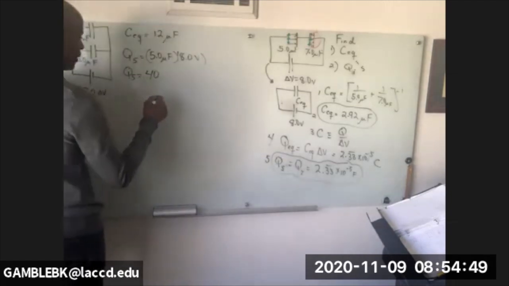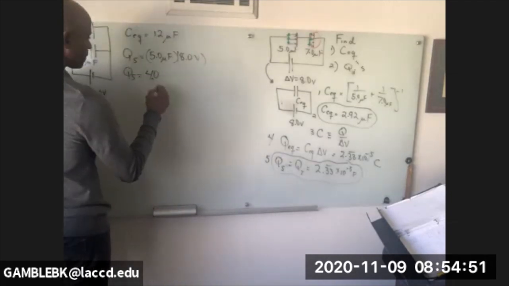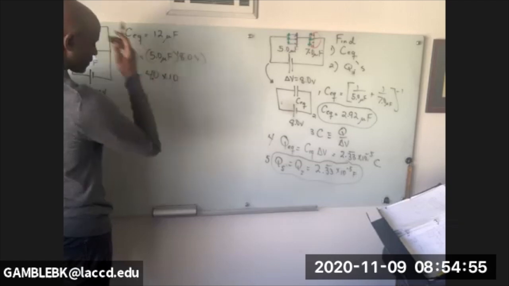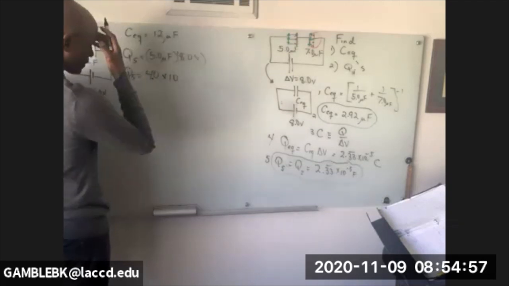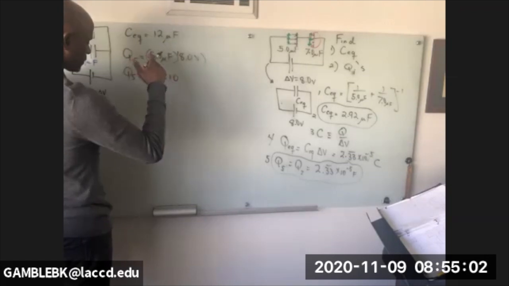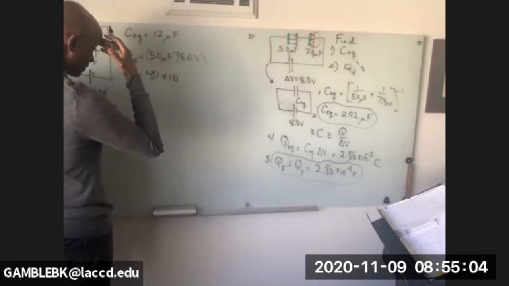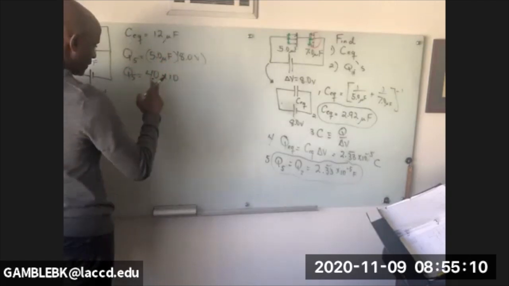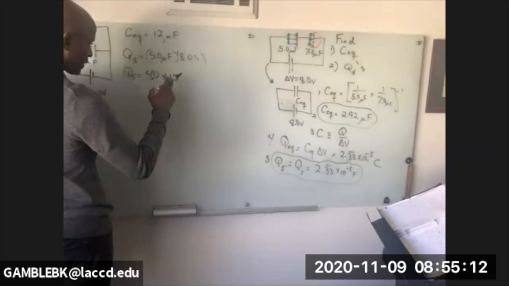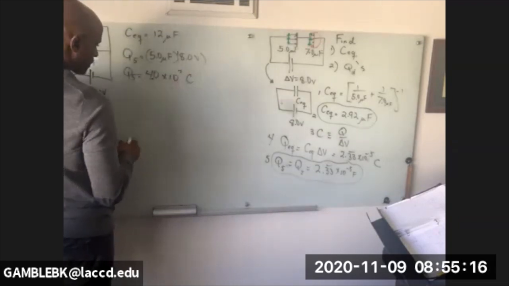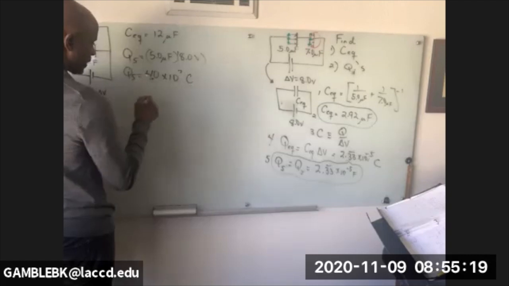So the way you would have to do it is 4.0 times 10 to the negative 7. So 40 times 10 to the negative 6, and if I take it one more, negative 7 coulombs, so that I can have the 2 significant digits there.